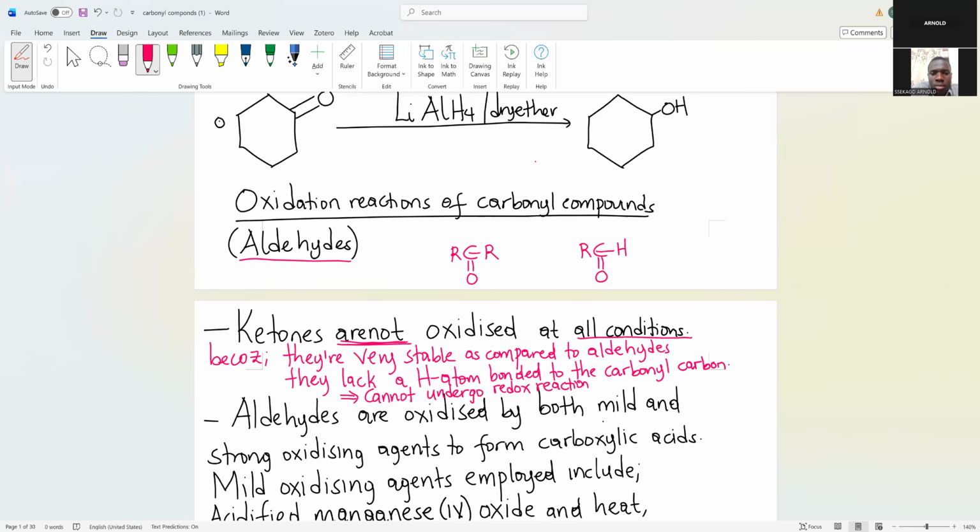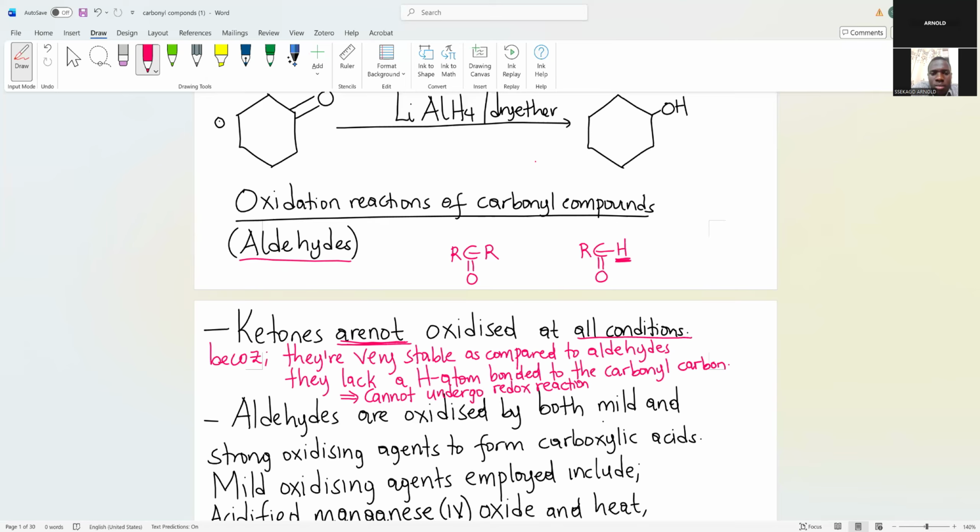So aldehydes have this hydrogen, so they are oxidized by oxidizing agents. Since they have this hydrogen, they can in turn reduce those things which have oxidized them.